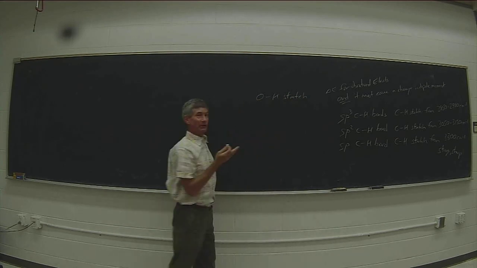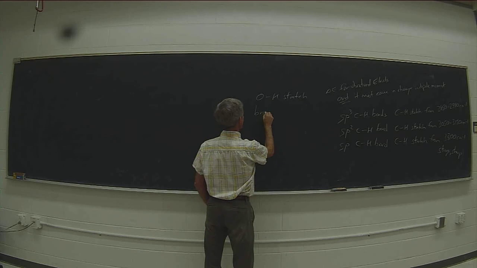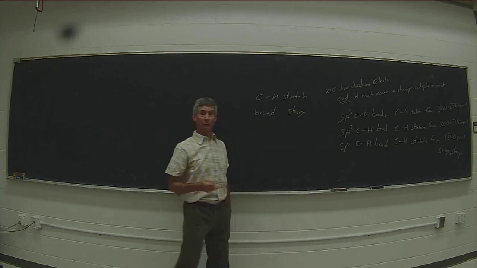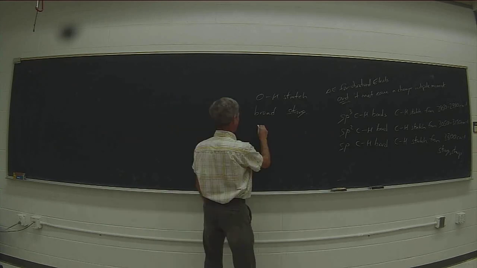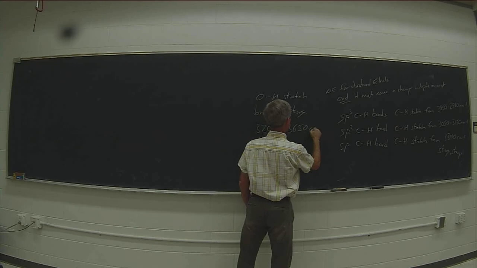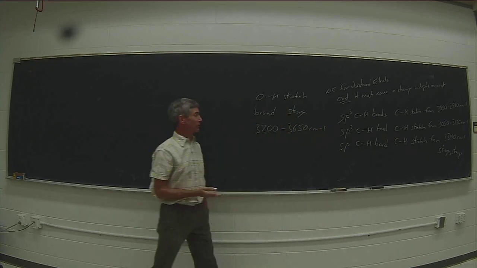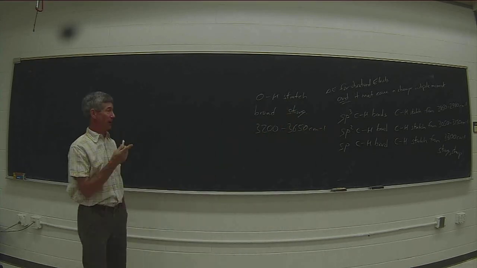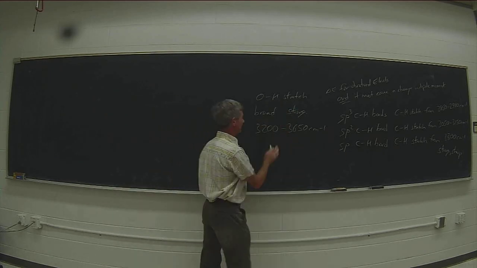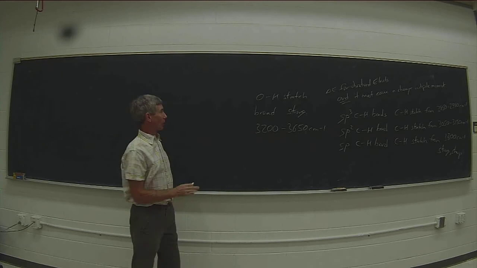The OH stretch, however, is broad. It's very strong because it's a polar bond, which means there's a large dipole change, and it can show up anywhere between about 3200 and 3650 reciprocal centimeters. So it's centered in the same region as where you see the sp CH stretch. The sp CH stretch is a very sharp peak, and the OH stretch is a very broad peak.